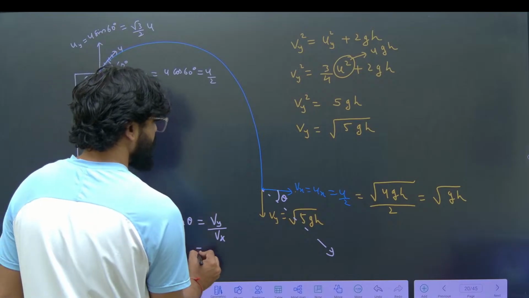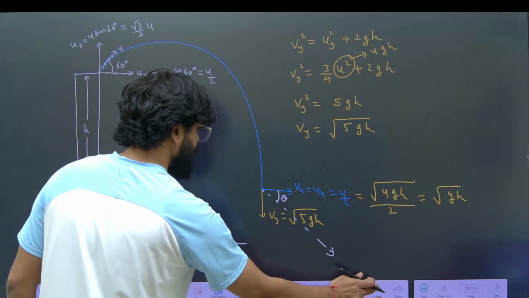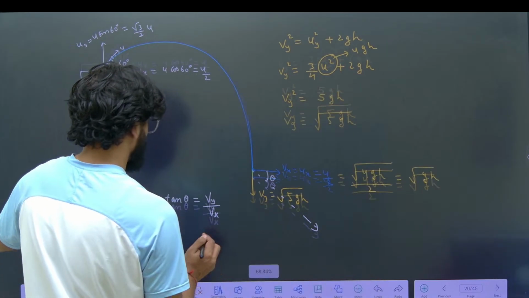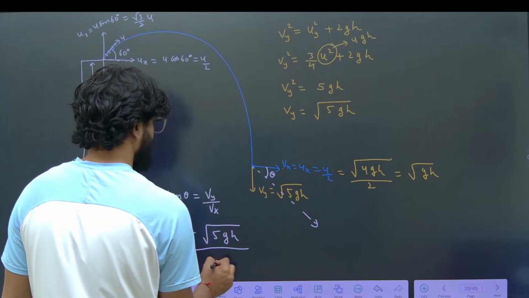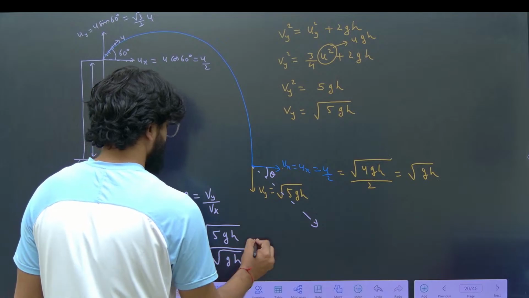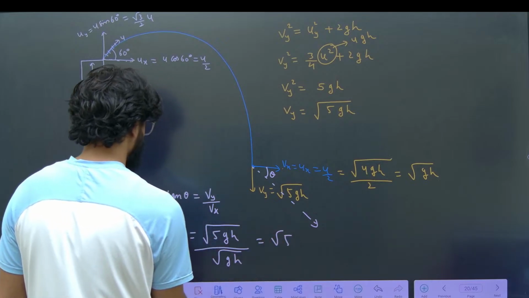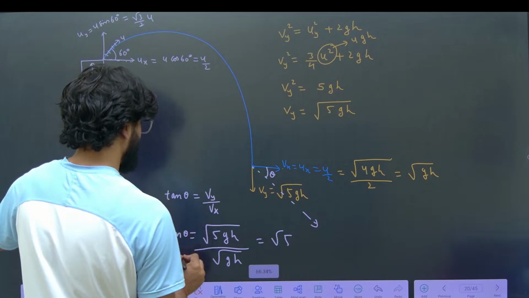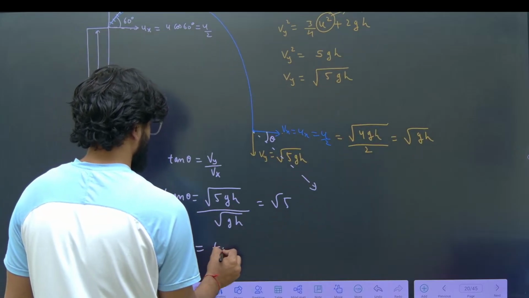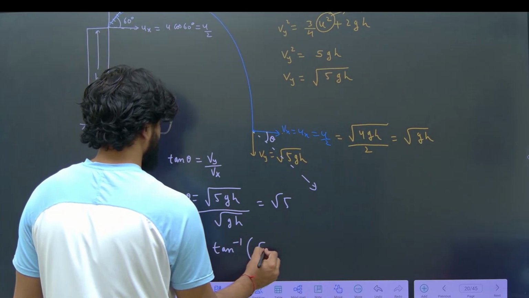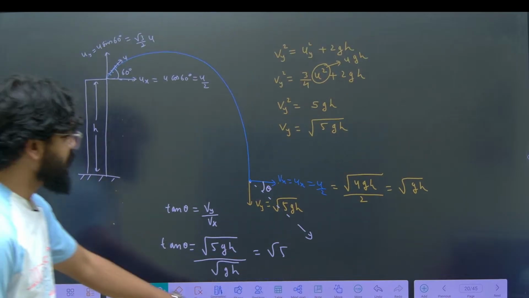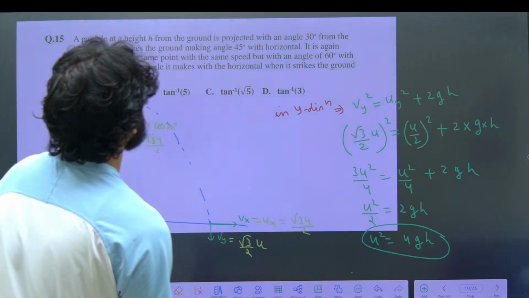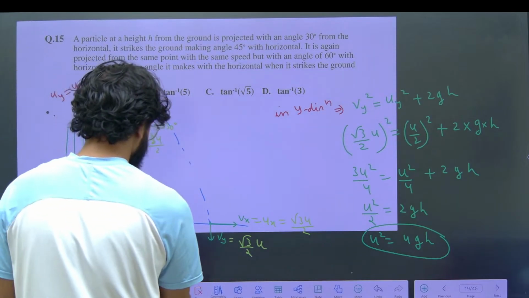Okay, so it is under root 5gh upon root gh, so that is root 5, right? So theta will be tan inverse root 5. Okay, do we have any option like that? Yes, that is Calcutta.